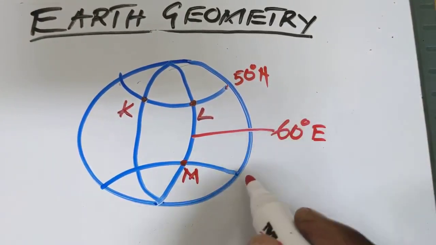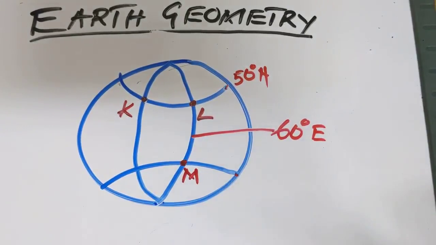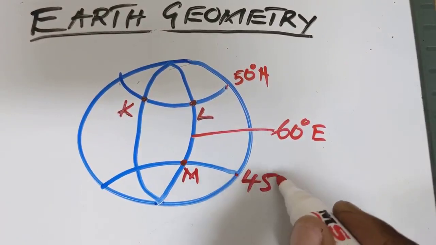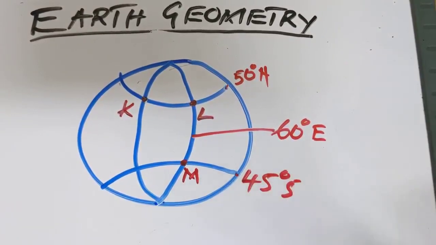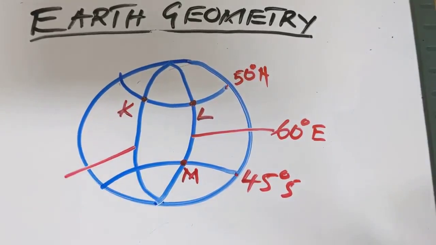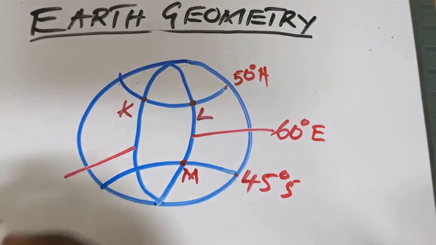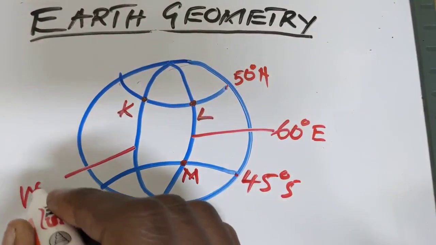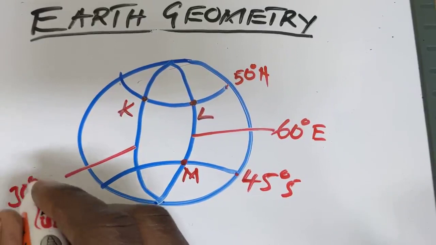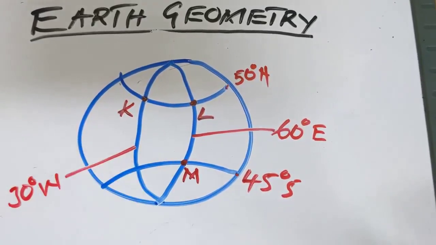Then this latitude was 45 degrees south, and this longitude was 30 degrees west, like that.